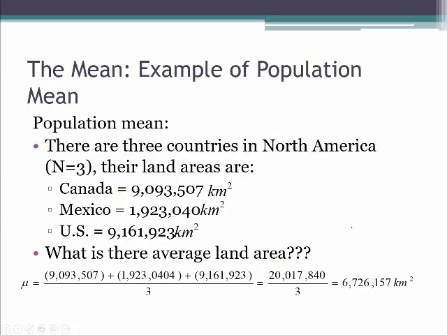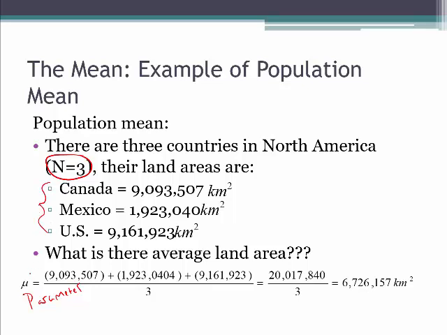Okay, so here's an example of a population mean. There are 3 countries in North America, right? So capital N is equal to 3, and their land areas are the following. Here's the land area of Canada, here's the land area of Mexico, here's the land area of the United States in kilometers squared. What is the average land area? This would be a parameter, because we have all the values in the population here.